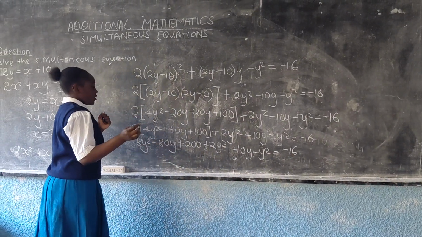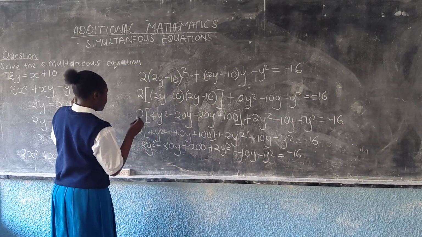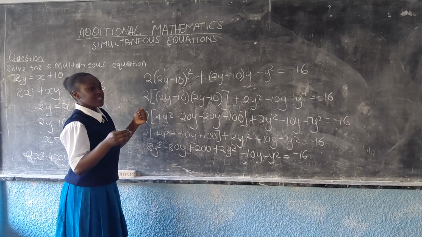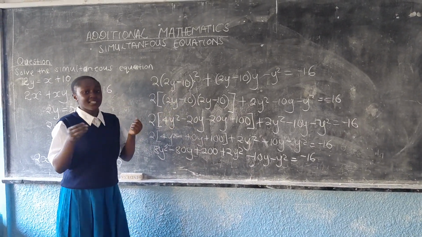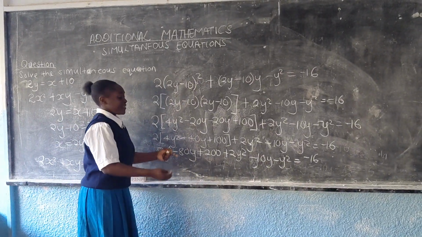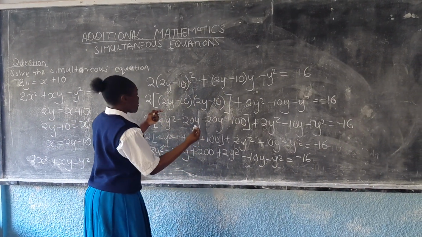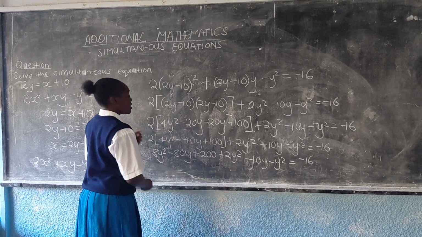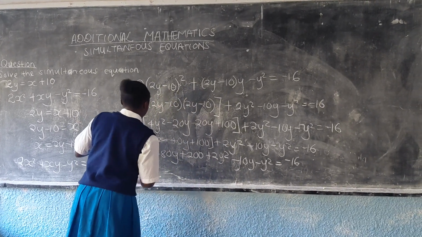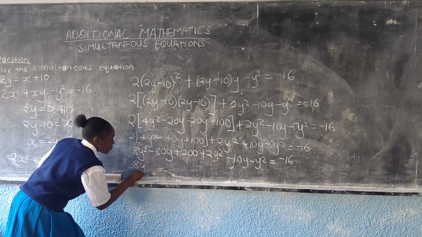At this point, we are going to group the like terms, meaning the variables that are squared are going to be put together, and the variables that are not squared will also be put together, and the constants of the equation will also be put together. So it's going to be 8y².